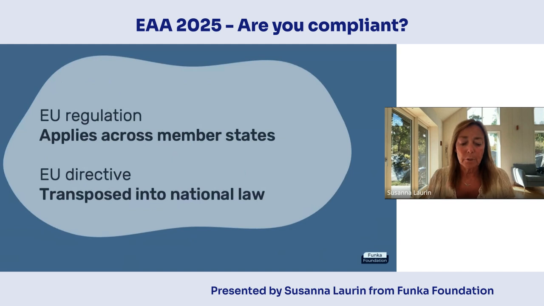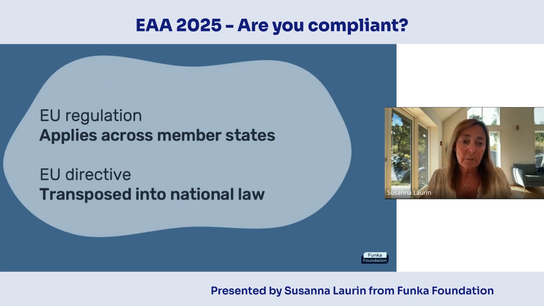One thing that is important to remember is that there are different kinds of EU laws, mainly regulations and directives. One of the most famous regulations is GDPR. A regulation is decided at EU level, and then it applies across member states directly. You just have to comply with it, and there's no way out of that.